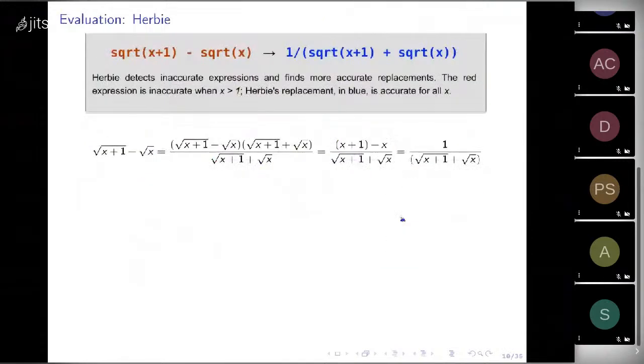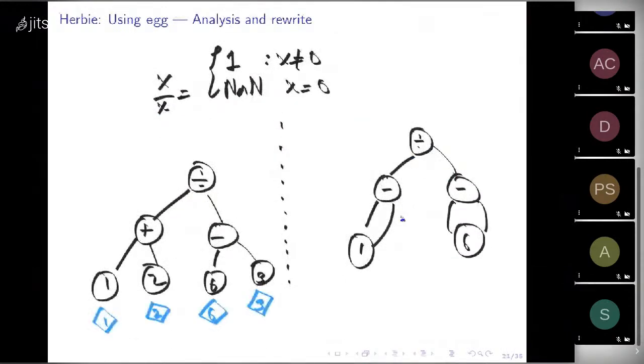But when you want to do anything sophisticated in a compiler, or even in a tool like Herbie, it's usually never going to be purely syntactic. For example, let's consider an expression x by x, which with floating point numbers equals 1 when x is not equal to 0, and equals not a number when x equals 0.